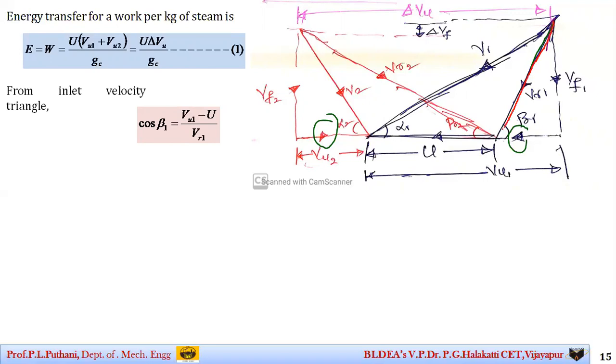You can see here, this inlet velocity triangle, this part. Say this as cos beta 1. So I can write cos beta 1.